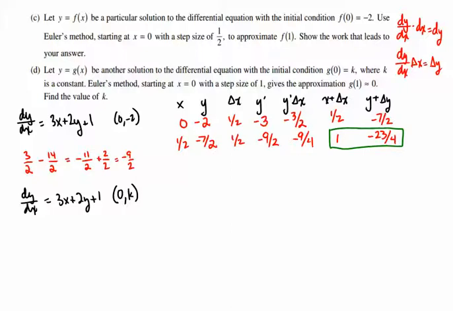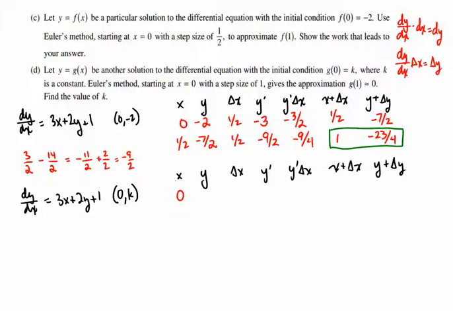And we're going to start at 0 again. So x, y, delta x, y prime delta x, x plus delta x, and y plus delta y. We're starting at x equals 0 with a step size of 1 to approximate g of 1.